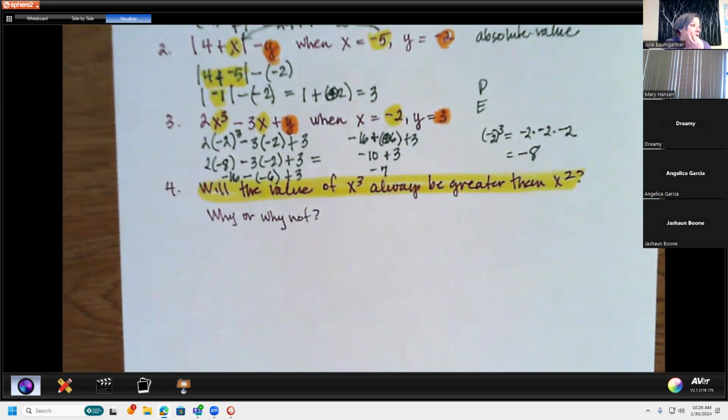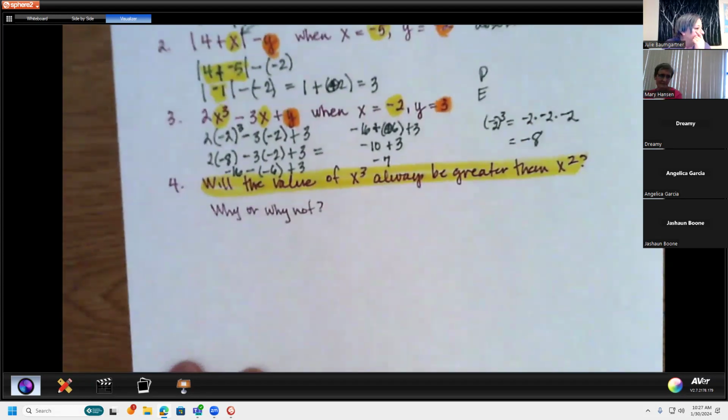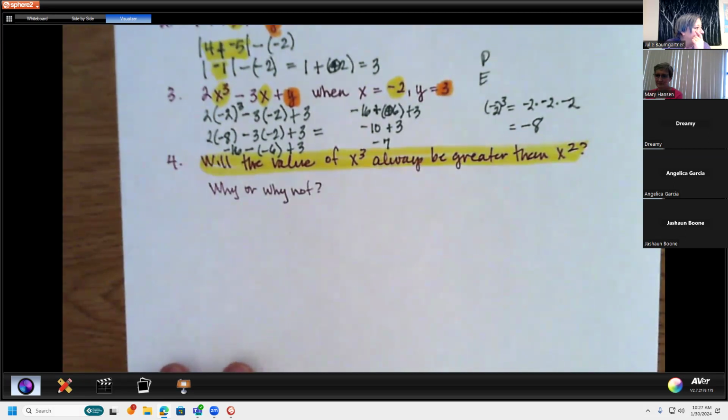It can be 1. What could be 1? X can be 1. Okay, yeah, if x equals 1, then it wouldn't matter. Maybe. Is there another value of x that would affect the value when we cube it instead of squaring it? 2.